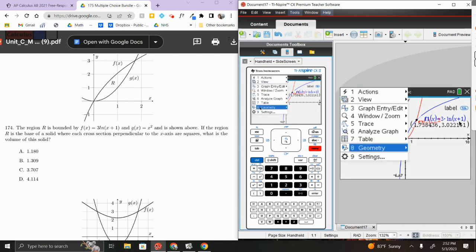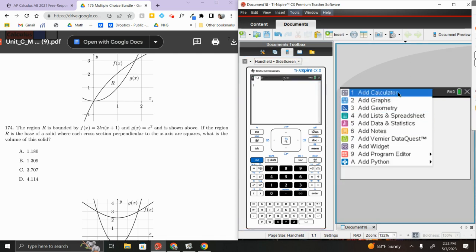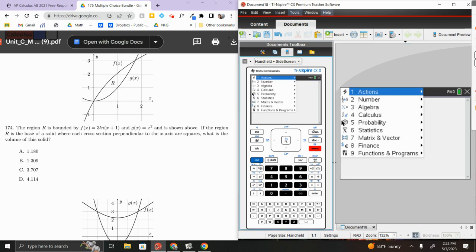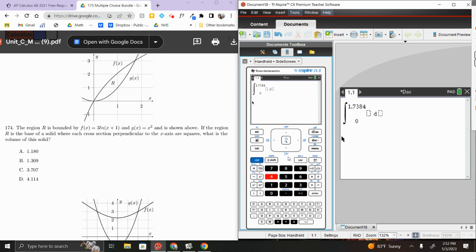So now I'm going to go back to a calculator page. I'll do my integral. And then it's going to be from 0 up to that other intersection point, which was 0.7384. And then because it tells us cross sections are squares, I'm going to do top minus bottom.